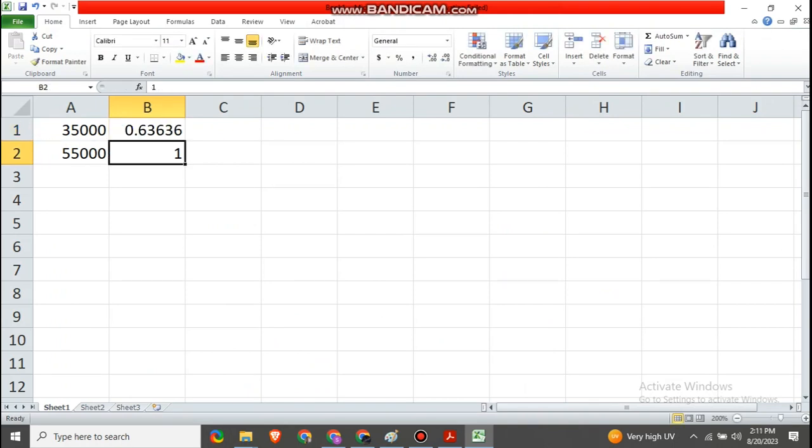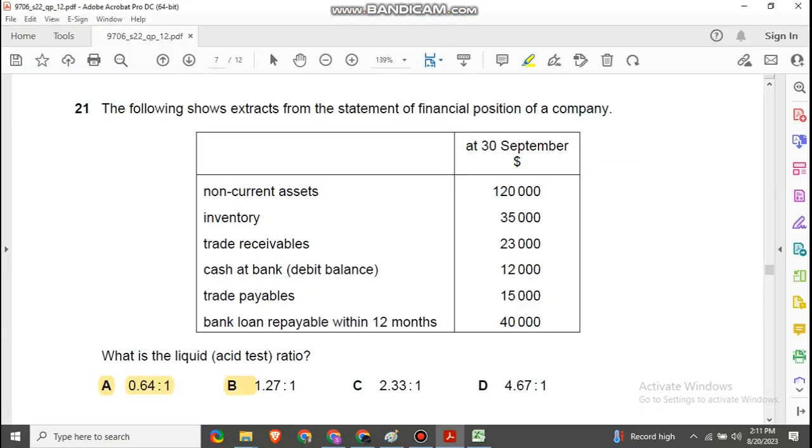So 0.636, round it off, and then you can get 0.64. So this is our ratio. So the correct answer is answer A.